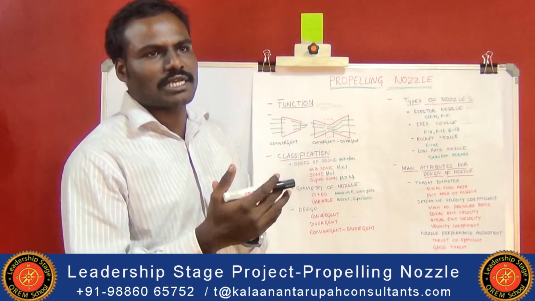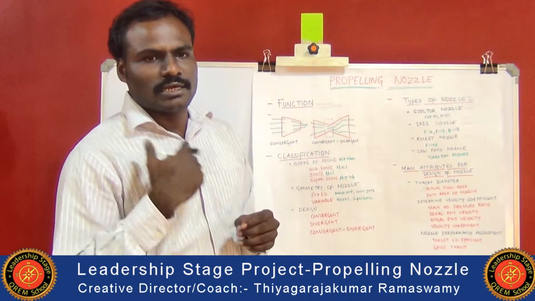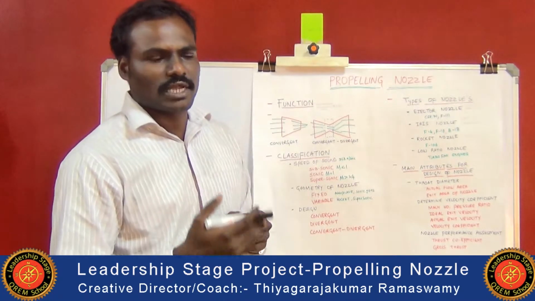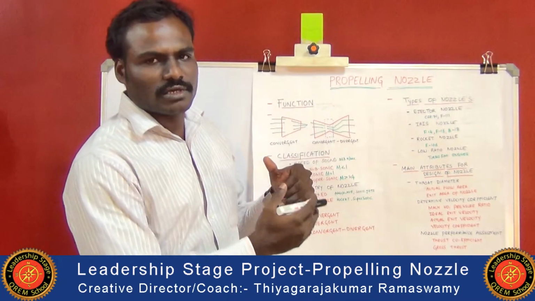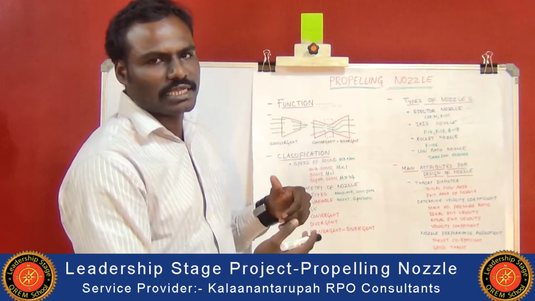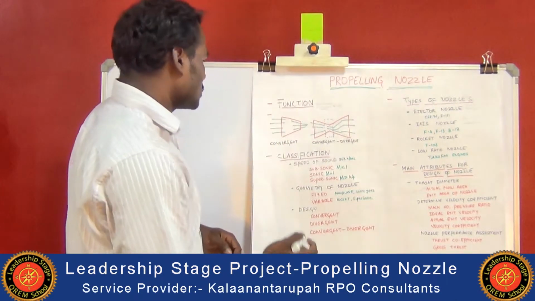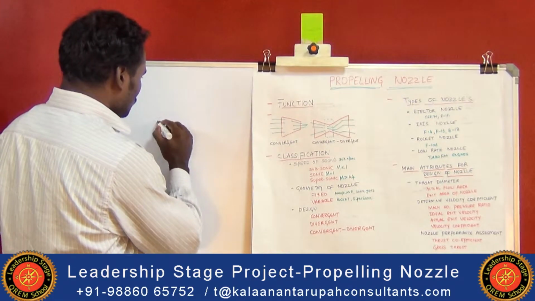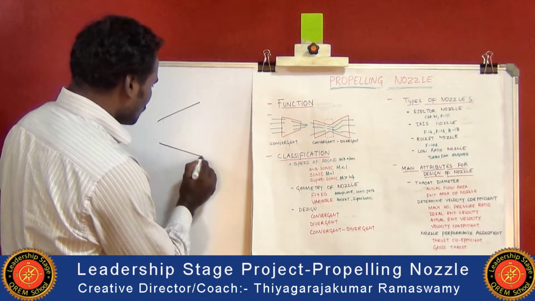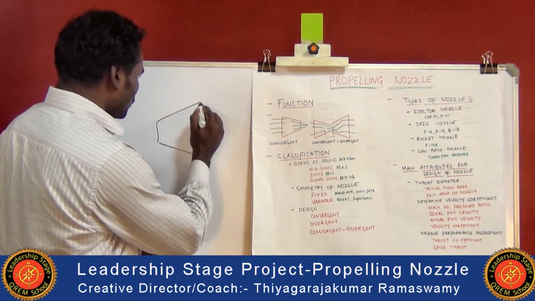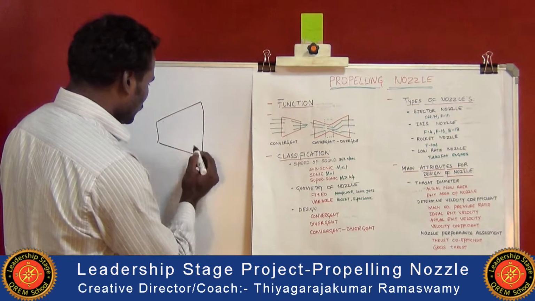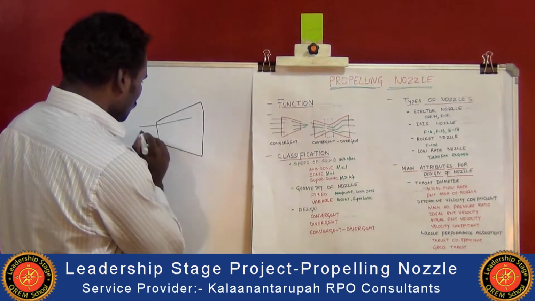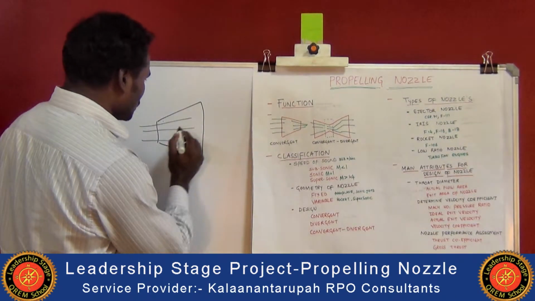If the exit pressure and the ambient pressure are equal, then we will get a better thrust when compared to the three kinds of nozzles which I am going to discuss now. Here, these are the three types of nozzle where we can get a better idea of the velocity flow over this area.